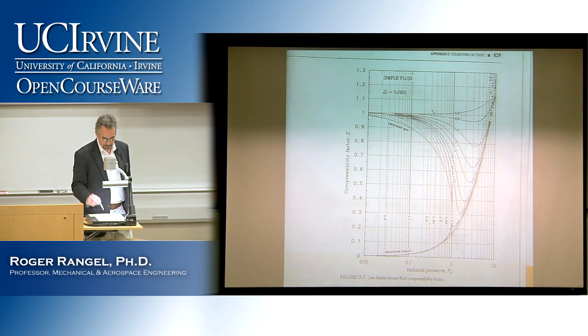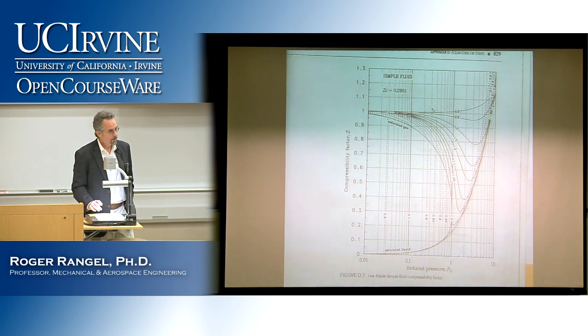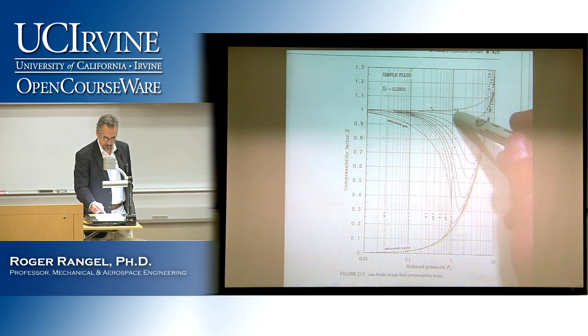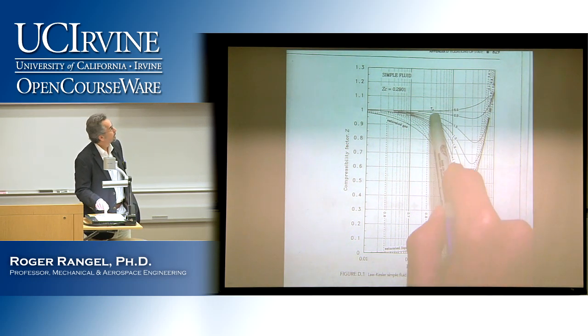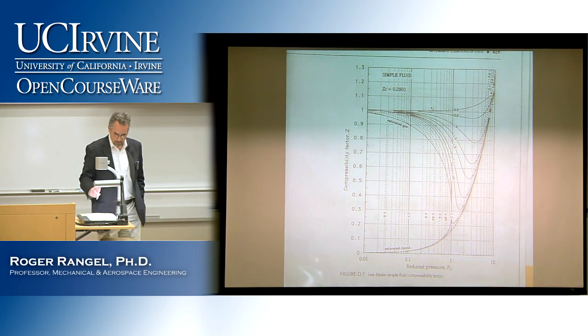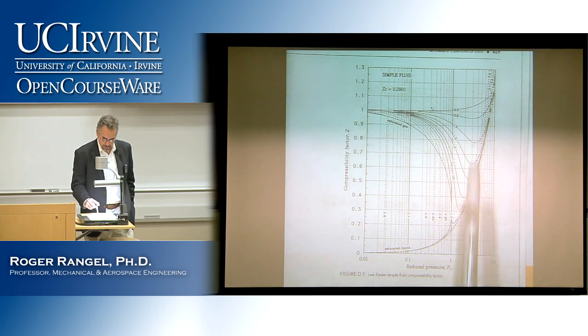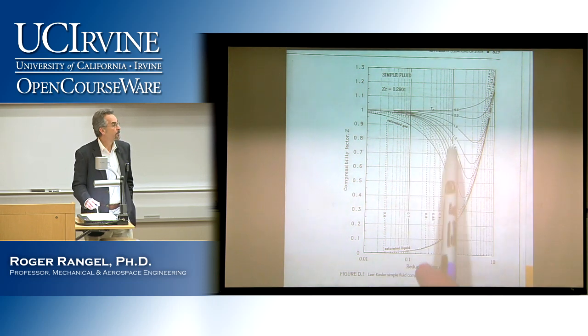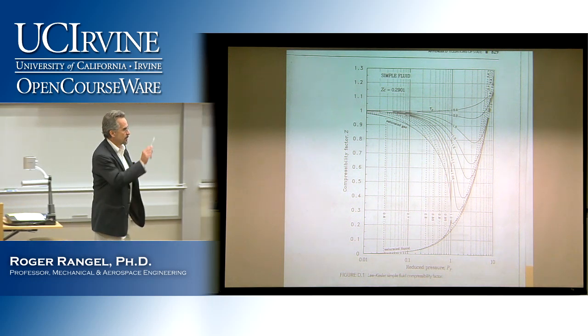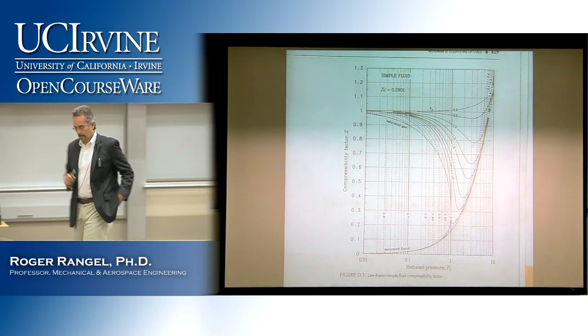I've already calculated the ratio of pressure to critical pressure, and I enter with that here. And then the temperatures, instead of being the actual temperatures, are T sub R, the reduced temperatures. But it's read the same way. You enter with a reduced pressure, intersect the curve for the reduced temperature, and then read your compressibility, your Z.